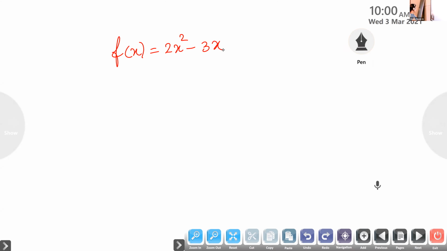We are given a function. We have to find the intervals in which it is strictly increasing or decreasing.